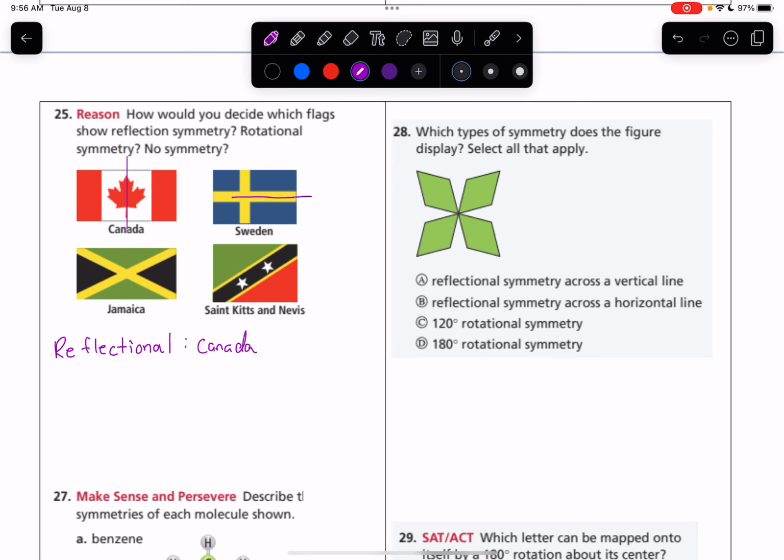Sweden has reflectional symmetry. And Jamaica has reflectional symmetry. Actually, 2 different lines of reflectional symmetry.